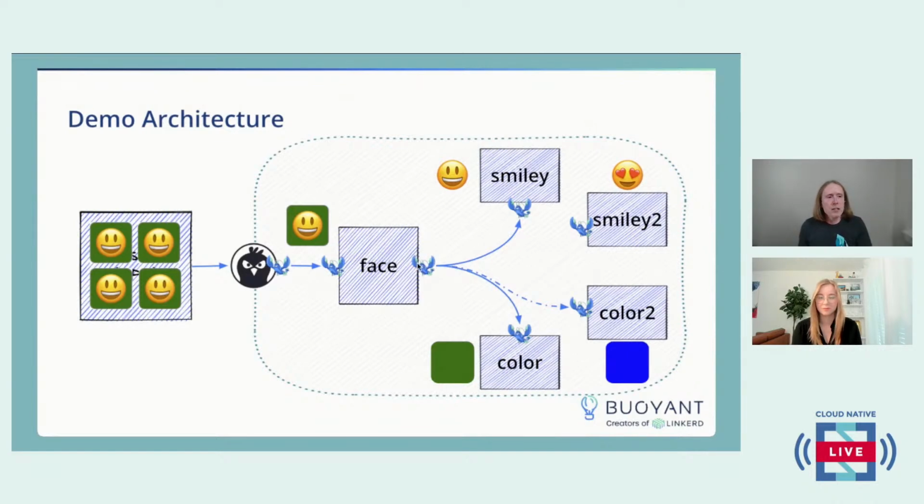But what's happening is that the Linkerd proxy attached to the face workload is seeing a request coming from the face workload to the color workload, and this proxy knows about the HTTP route, knows about the weights on the two backend refs, and it is making a decision about whether to forward the traffic to the color workload or to the color 2 workload.